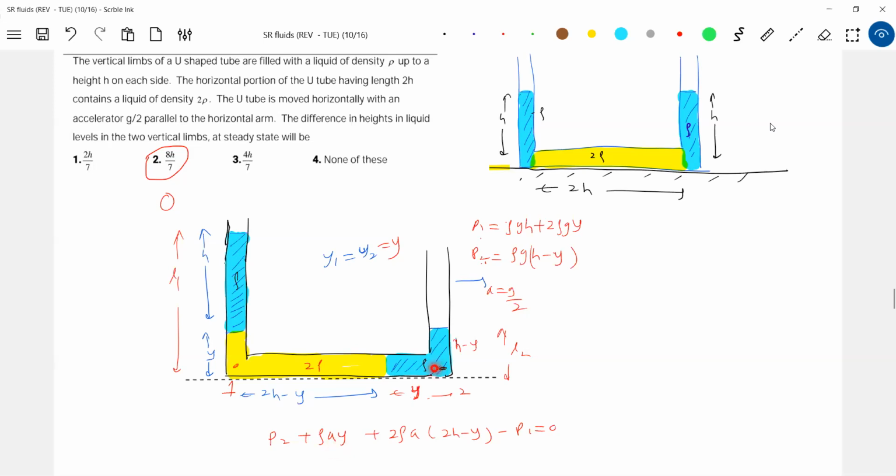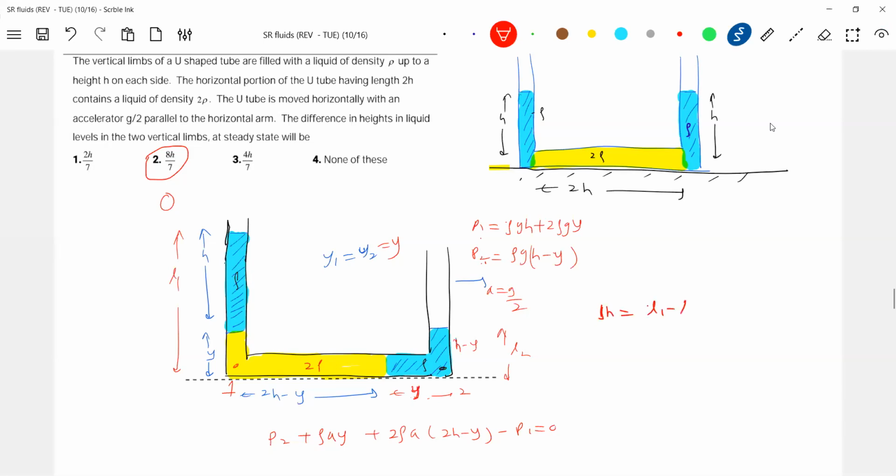Are you getting it? If I move opposite to the acceleration of the liquid column, the horizontal acceleration, then the gauge pressure should increase. Plus 2 rho acceleration a, times the length, 2h minus y, minus P1 equals 0. Substitute P1, P2 here and solve, you'll get y. After getting y, what is the difference in height of the liquid column?